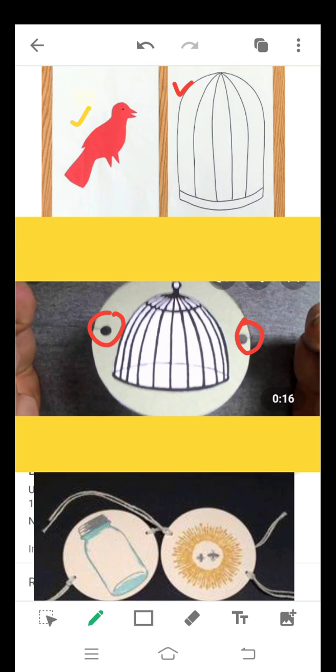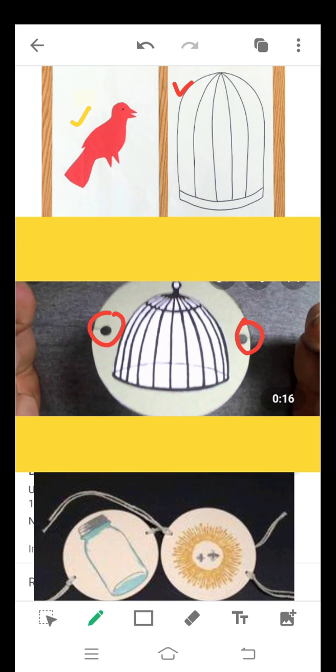Now, especially nowadays when we are doing all these online studies, our homework, our exams, our lectures, everything going on online, we are very much exposed to different types of screens, mobile screens, laptop screens, and this is hampering our vision a lot.